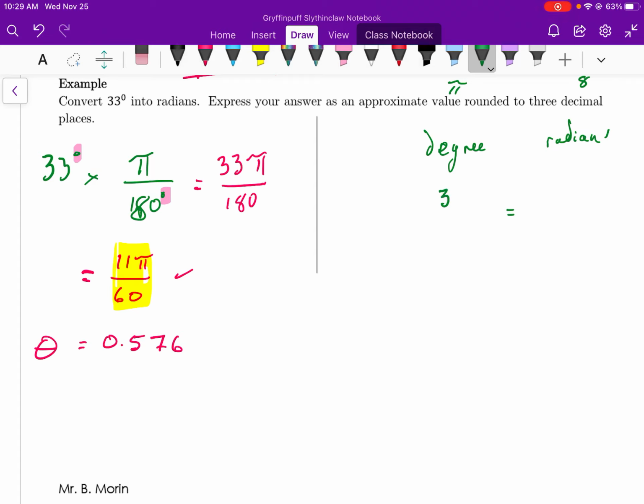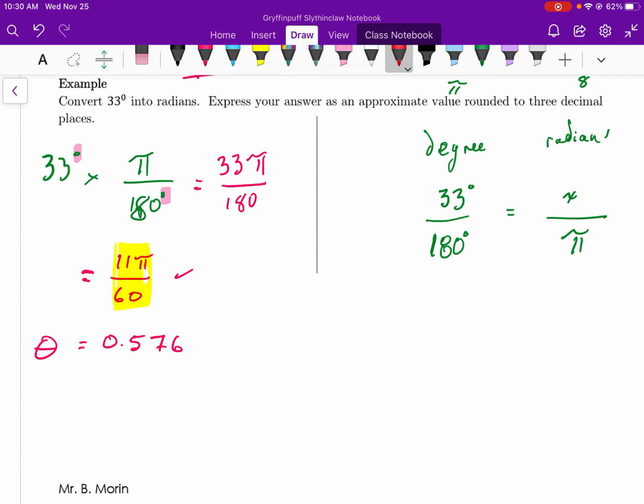Well, I'm given 33 degrees. 33 is what in radians? I have no idea. Let's call that x. Now, in the denominator, I'm going to go with half revolutions. Well, in degrees, a half a revolution would be 180 degrees. In radians, this would be pi.